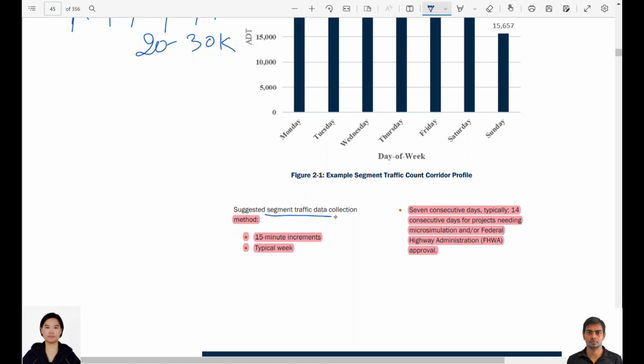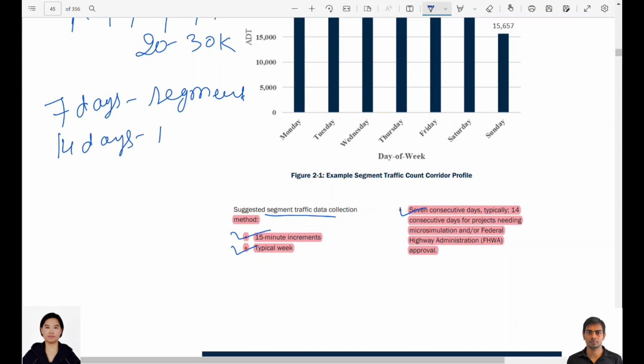The suggested segment traffic data collection method is 15-minute increments, a typical week, 7 consecutive days, and for IAJRs 14 days. So for a typical project, 7 days of segment data and 14 days for IAJRs, based on the reading, the segment needs to include main lanes plus ramps.